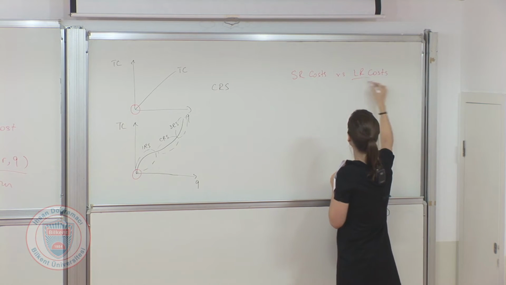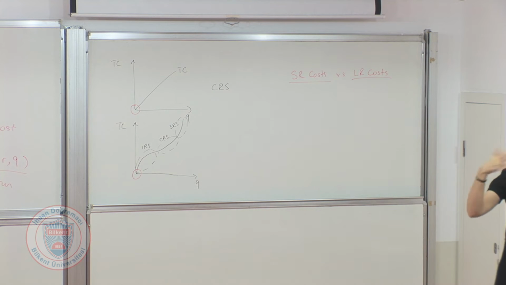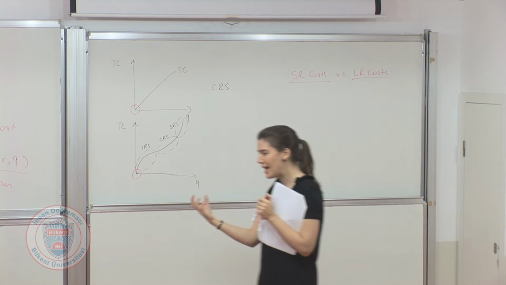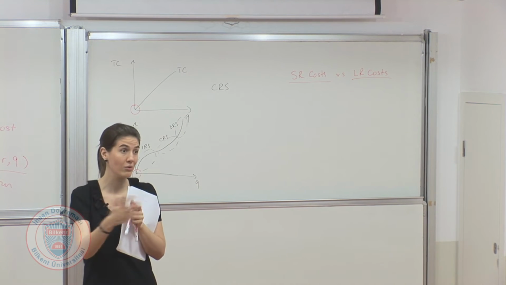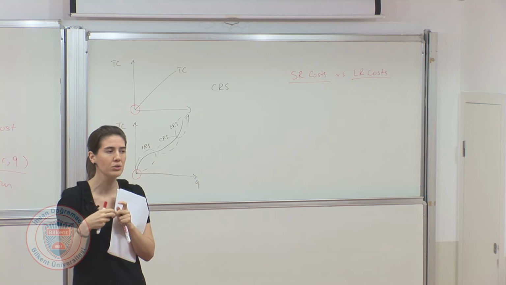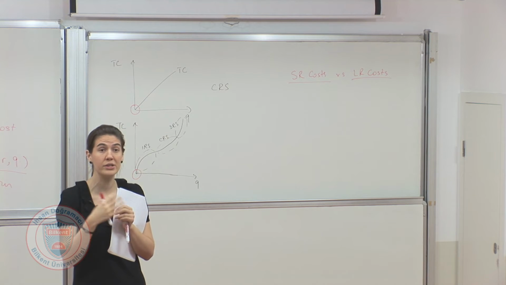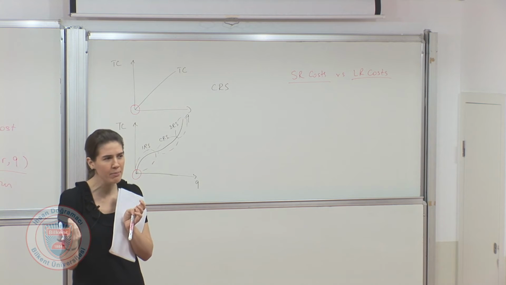costs. And then we said that it doesn't matter whether it's short run or long run, we cannot say one month is a short run and six months is long run. It depends on the situation, right? Suppose you would like to generate electricity and build a dam, then even one year might be short run.